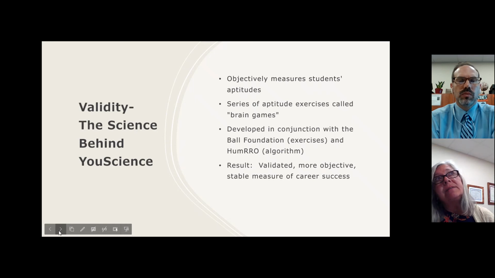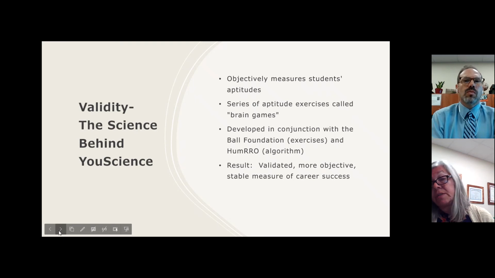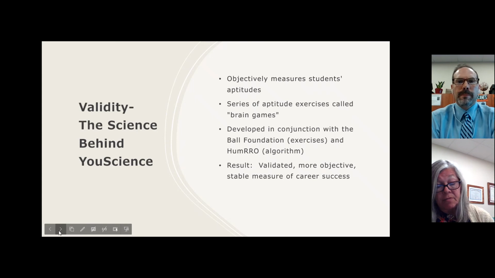When YouScience developed their program, they did it in conjunction with the Ball Foundation. The Ball Foundation has a history of measuring aptitudes that goes back over 50 years. And what the Ball Foundation did for YouScience was take some of their developed aptitude exercises and translate them into a digital format.